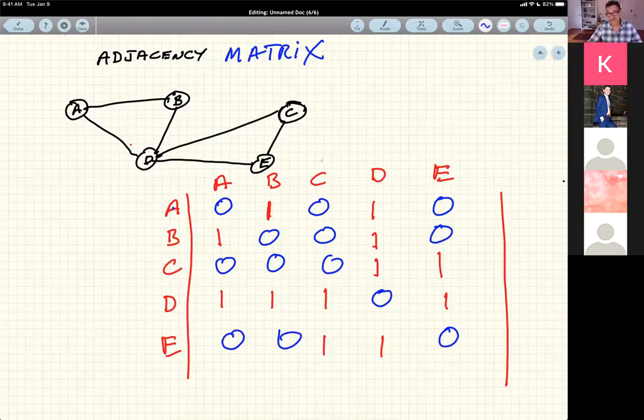And this is a reasonably small graph. So lots of zeros is the main takeaway here for the adjacency matrix. Okay. Any questions about this so far?